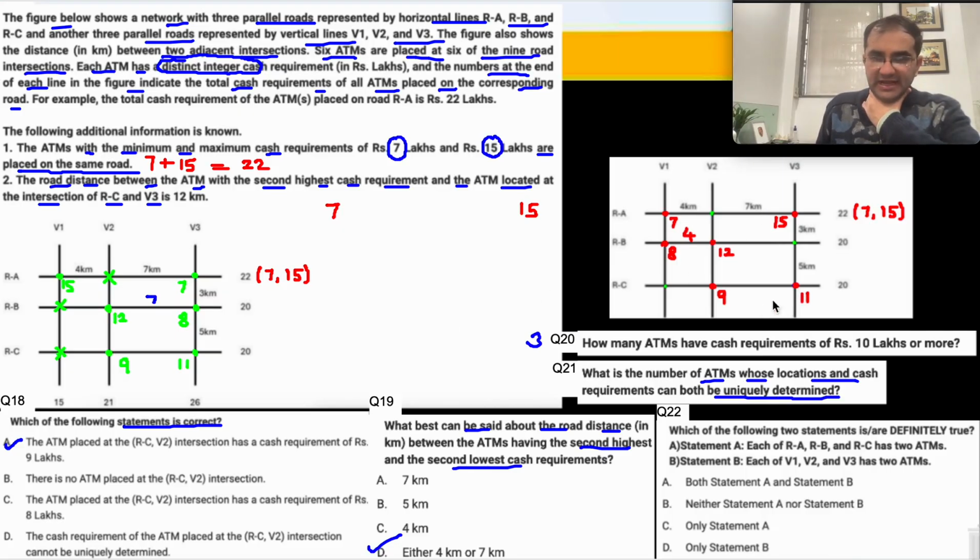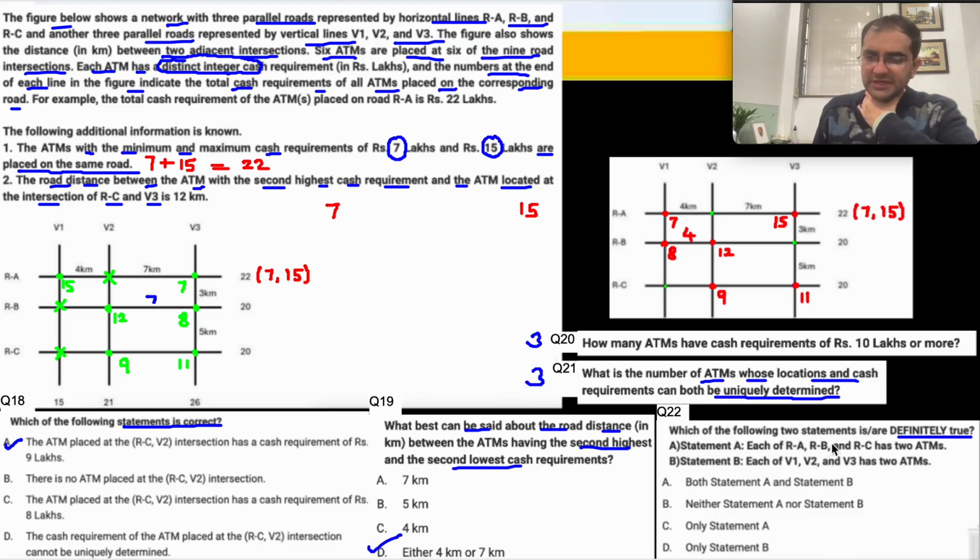Uniquely determined. 11 is in the same spot. 9 is in the same spot. 12 is in the same spot. But 8, 7 and 15 का location change हो रहा है. Answer is 3.